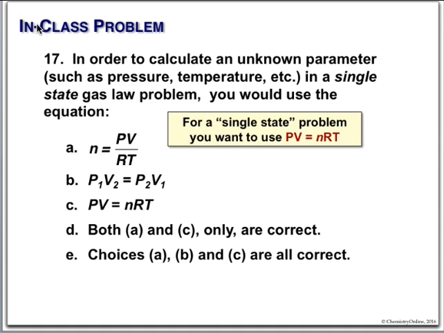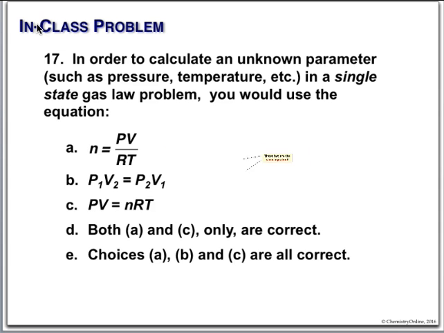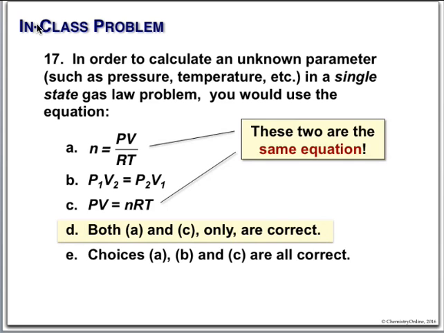All right, obviously C is correct. Looks just like this, doesn't it? How about A and B? Yep. If you take this equation, multiply by RT, you get PV equals nRT, don't you? Both of these are correct because these two are the same equation algebraically.